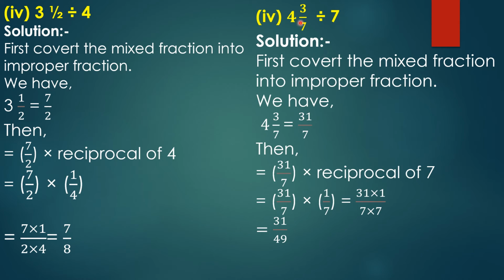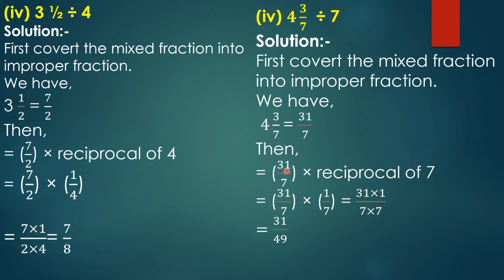The next one, 4 3 by 7 divided by 7. In this case also, first we have to convert the mixed fraction into an improper fraction. Therefore 4 3 by 7 will become 31 by 7, because 7 fours are 28, 28 plus 3 is 31.